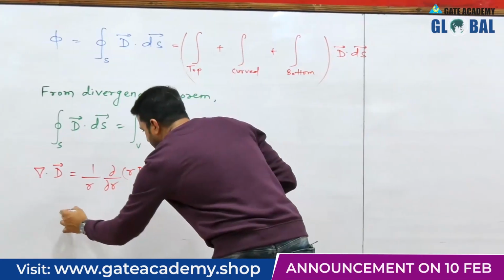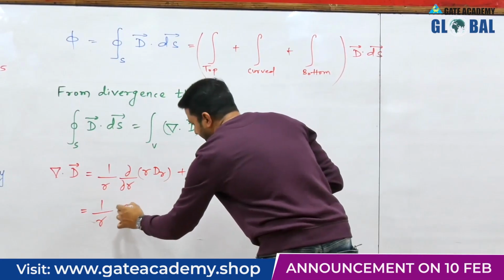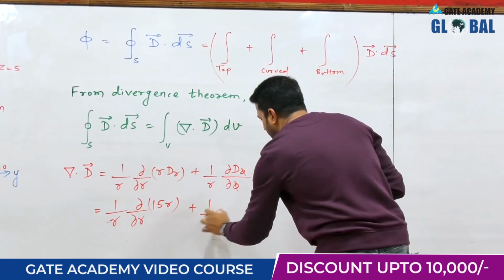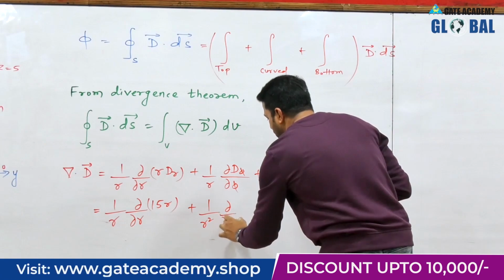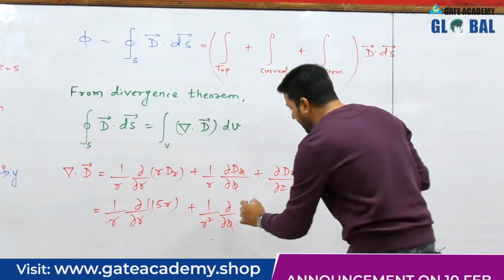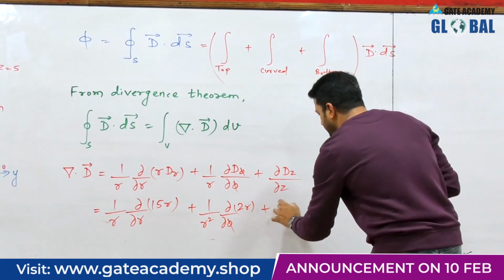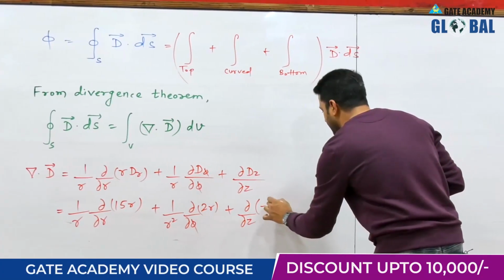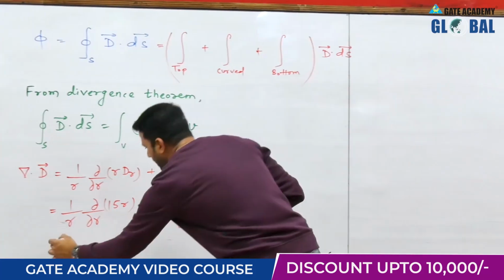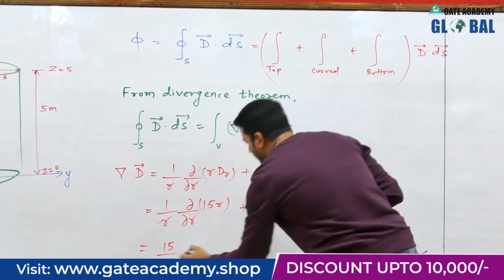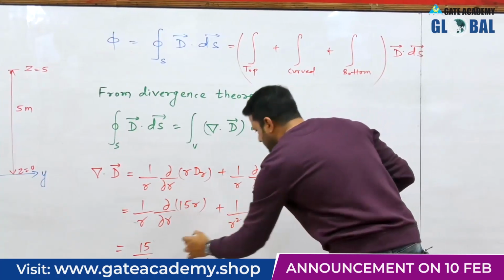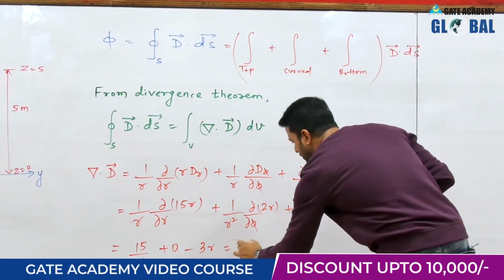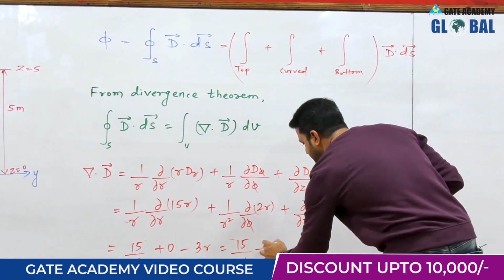Now the coefficient of the r component is 15, so this is 1 upon r del by del r of 15r. The coefficient of phi from the question is 2r, and the coefficient of z is minus 3rz. After solving this we get 15 by r, the phi term is 0, and the z term gives minus 3r. So it is 15 by r minus 3r.